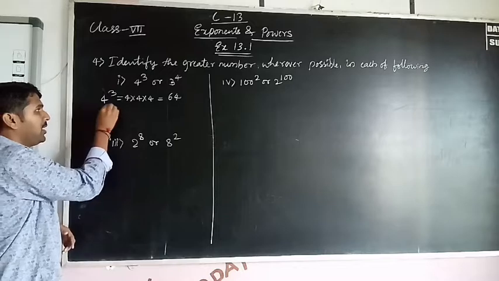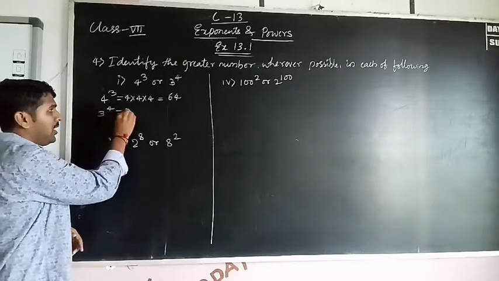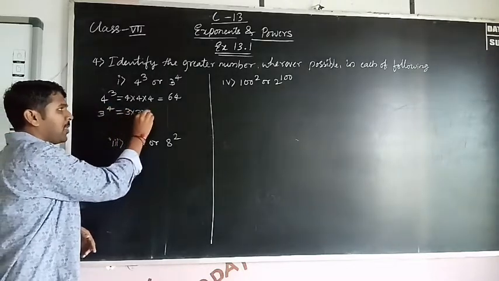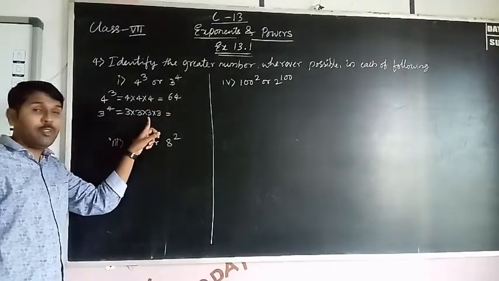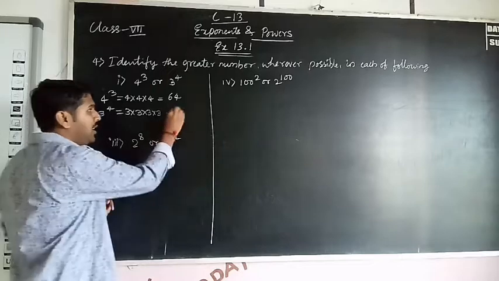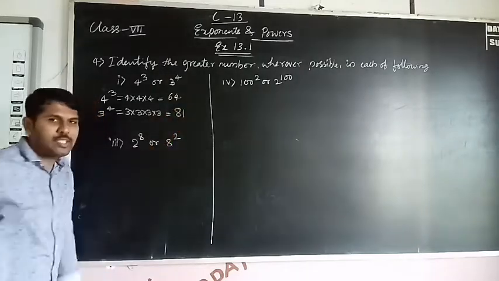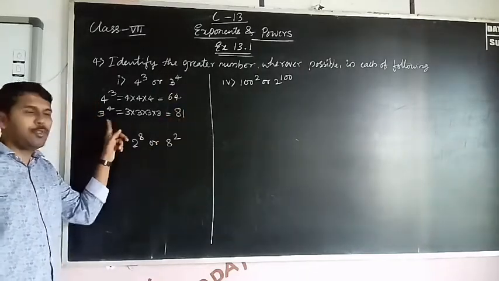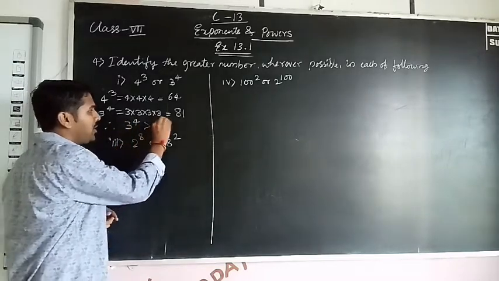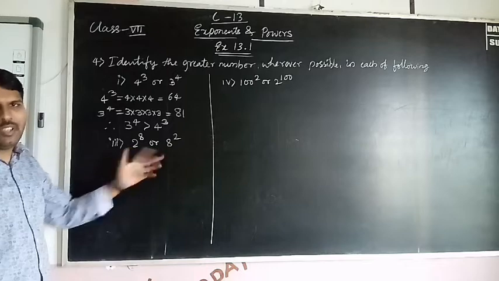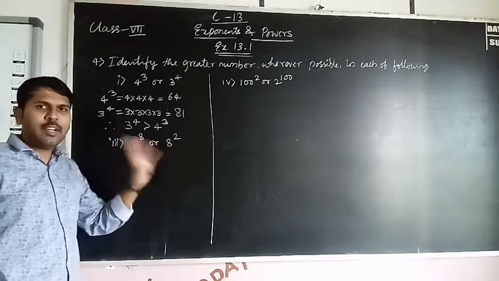So next find out 3 raised to 4. 3, how many times? 4 times, no? So multiply it. 3 3s are 9, 9 3s are 27, 27 3s are 81. So compare these two, which one is greater? 81, that is 3 raised to 4, no? Therefore 3 raised to 4 is greater than 4 raised to 3. Okay, this is the way. Just simplify to get the answer.